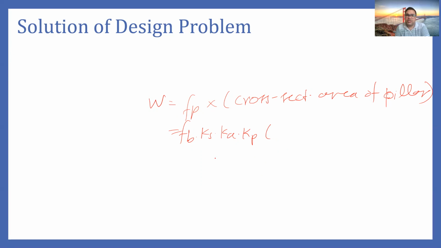But here we are assuming that there will be two dimensions, B into L. In case it is square, L will become B. In case it is rectangular, then L will be higher than B. So that is the relation that we will be using to calculate the dimensions B and L. And here W is already provided to us, which is 60 kilonewton or 60,000 Newton. So this is the relation that we will use to find out these dimensions.